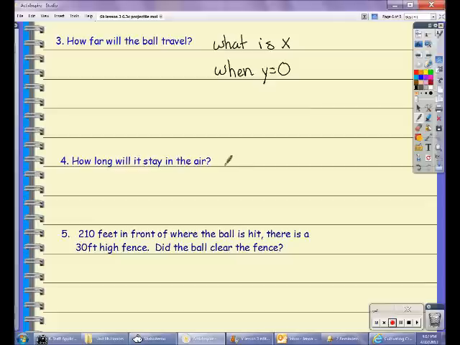How long will it stay in the air? Well, when does it stop being in the air? That's when y is 0. But this time, instead of asking how far, far generally means horizontal, this time they're saying how long. That's time. So what is t?